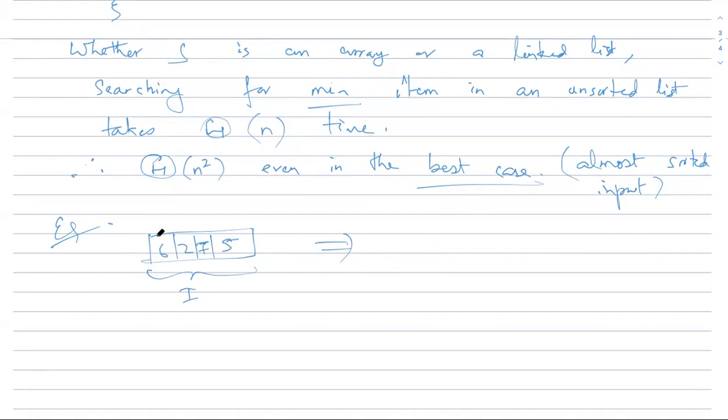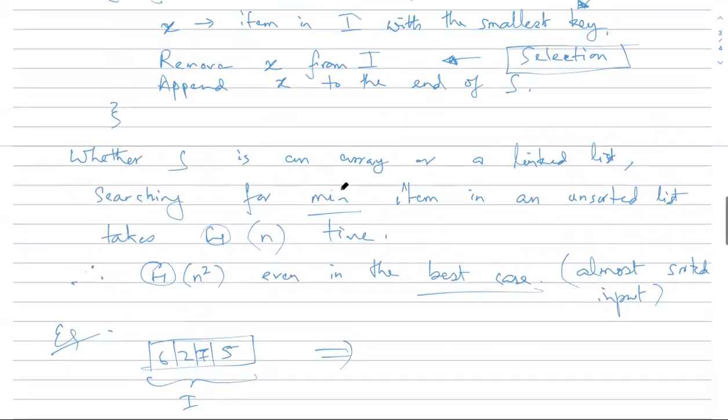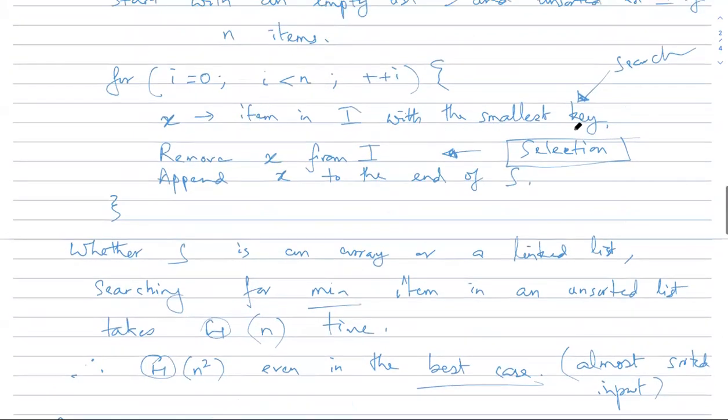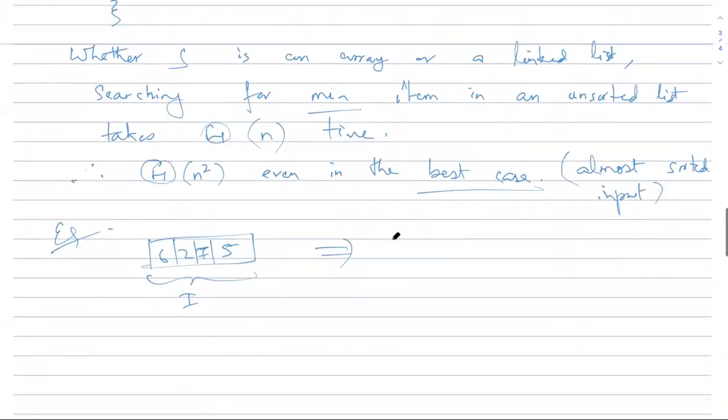So what is the minimum possible key here? So this is the item in I with the smallest key. So the smallest key is 2. So you add 2 to the sorted portion of the array. And then you have here 6, 7, and 5.